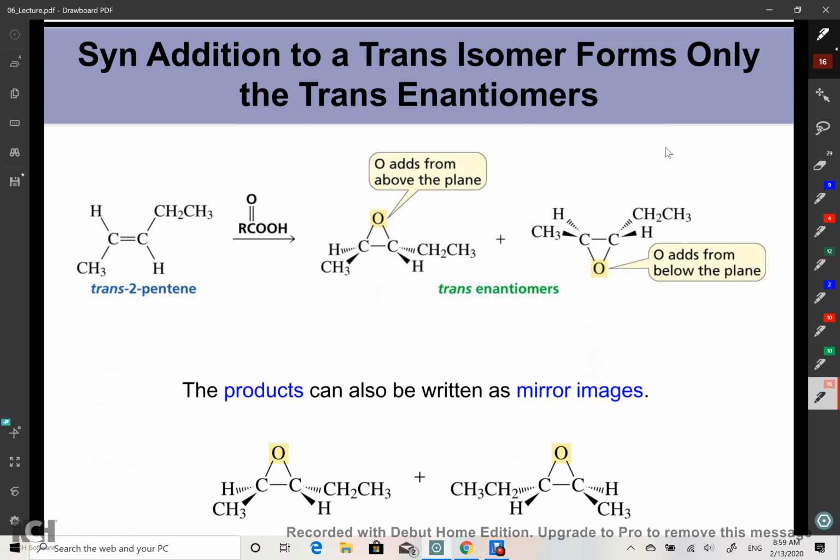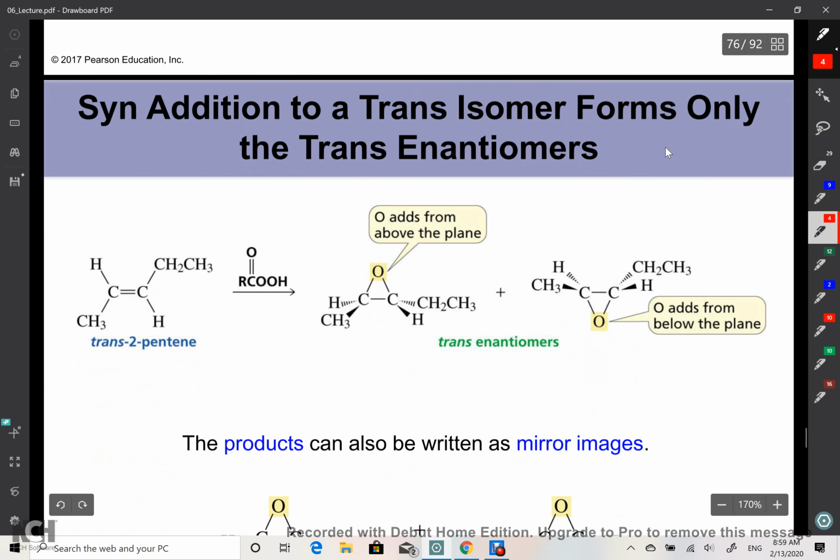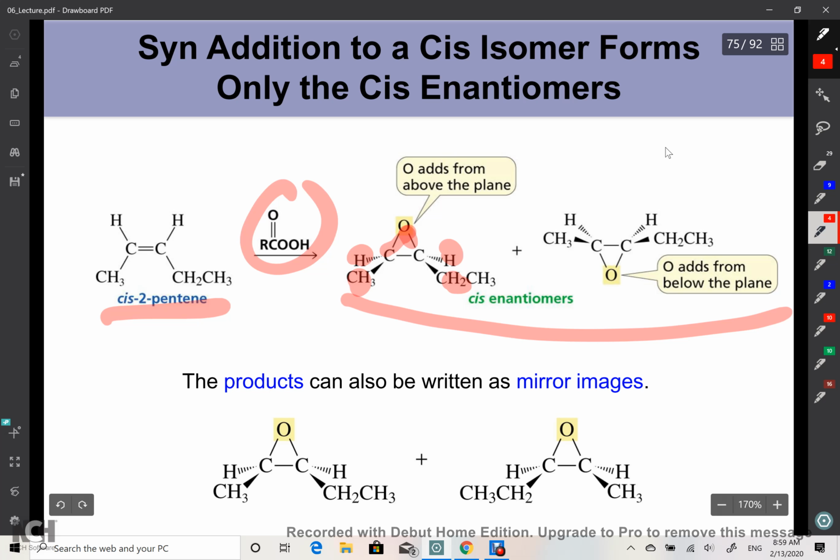Now, another thing we need to remember is that a syn addition to a cis reactant gives you a cis product. For the peroxidation, cis gives you a cis.